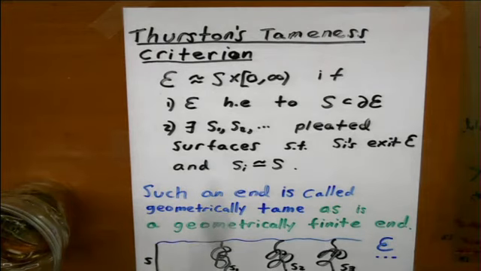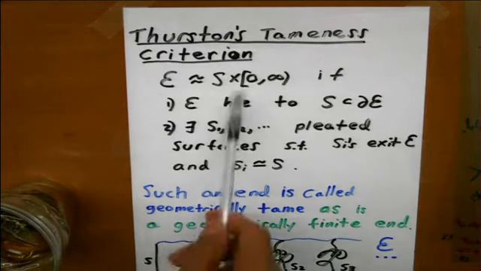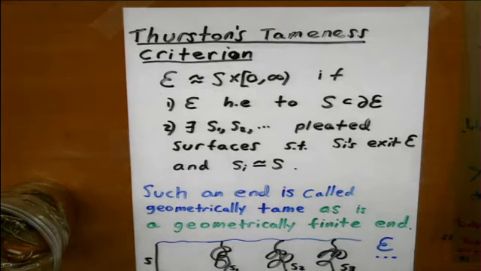I call this Thurston's tameness criterion because Thurston at least outlined how, if you had an end which satisfied these two properties, then the end is actually standard. That is, the end is homeomorphic to S cross [0, infinity). Here's Thurston's outline.